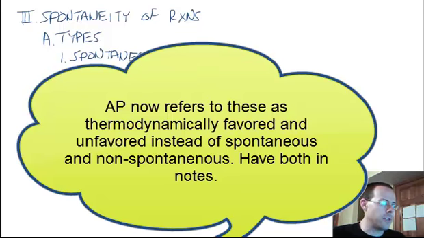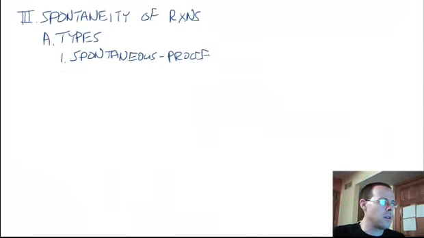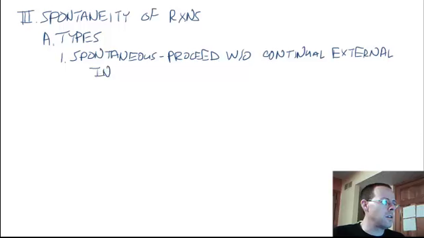And with spontaneous reactions, we might say that these reactions proceed without continual external influence, and by external influence we really are just talking about energy.